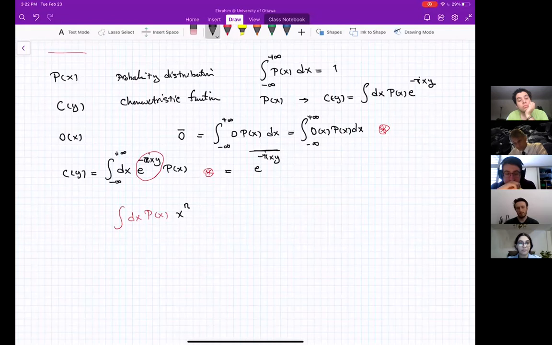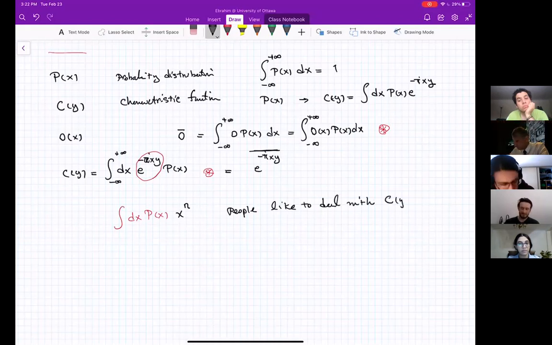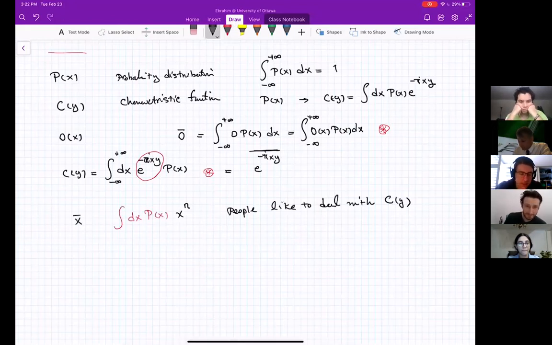All right. This is the reason that people like to deal with the characteristic function of y. All right. So what I'm interested in, I want to calculate the average of x to the power of n, which is essentially this.